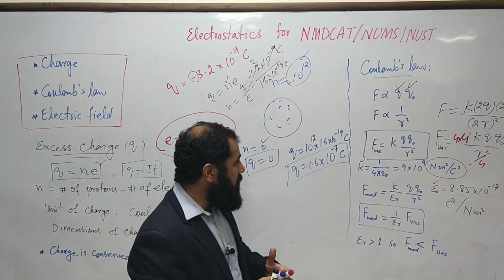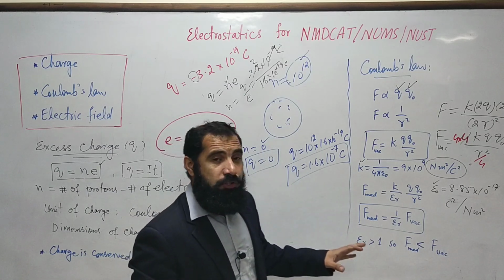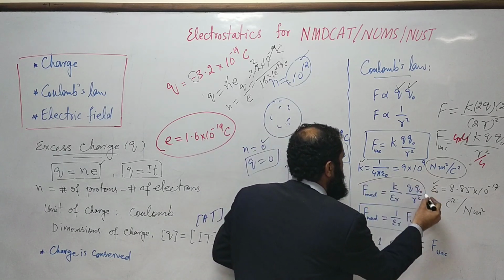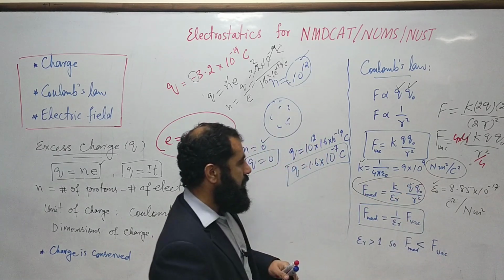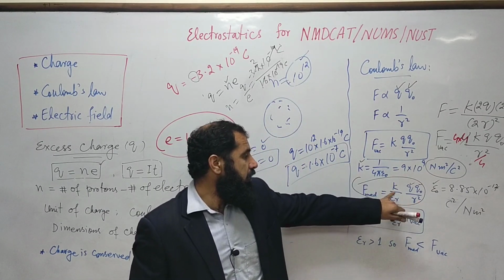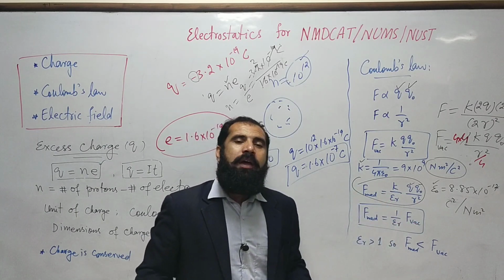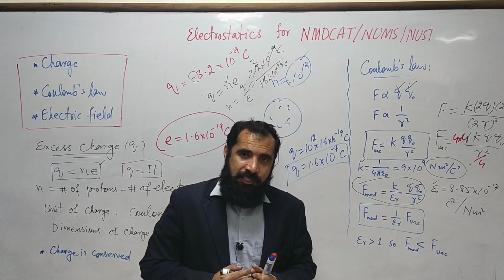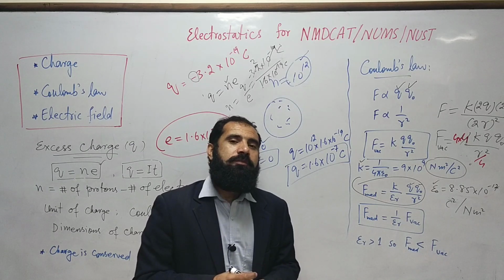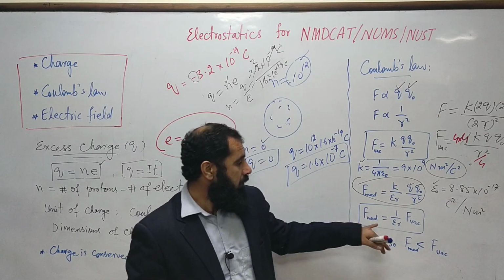And then if you insert some dielectric material between the charges, the force changes by that much amount. The force decreases when you insert some dielectric between the charges. Here is the relative permittivity of that dielectric: K divided by the relative permittivity of that dielectric, and you get this. So whenever a dielectric is inserted between two charges, the electrostatic force between them decreases.